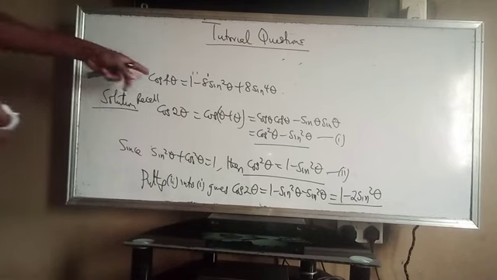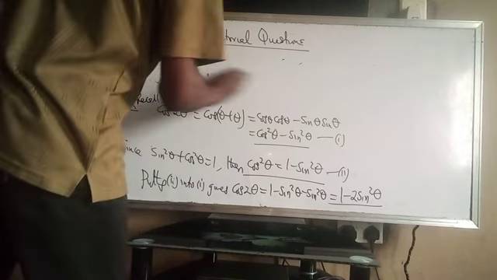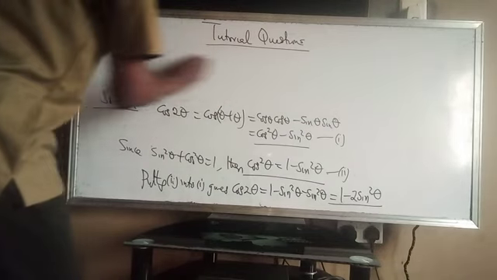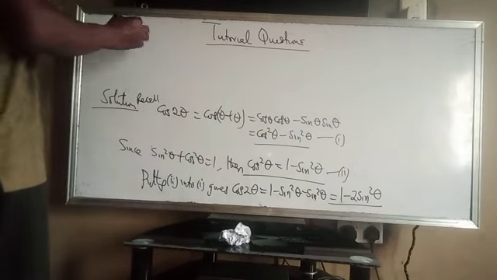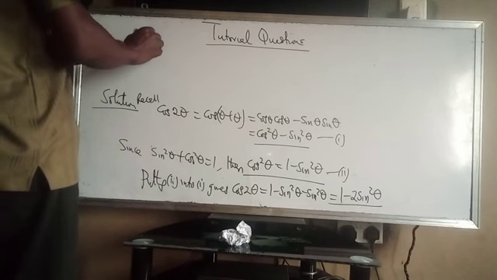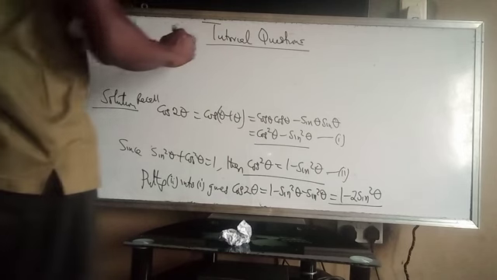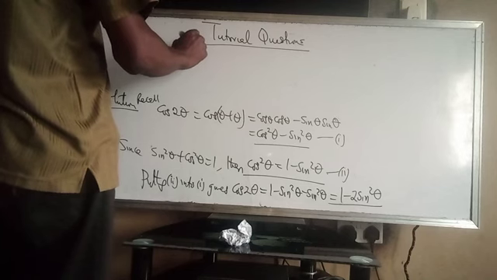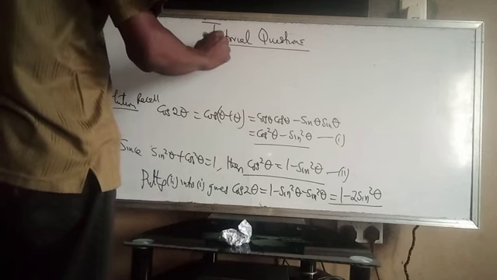We have to evaluate cos 4 theta. Cos 4 theta will be equal to cos of 2 theta plus 2 theta.